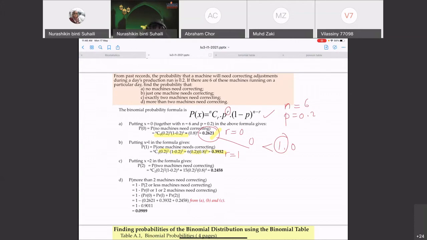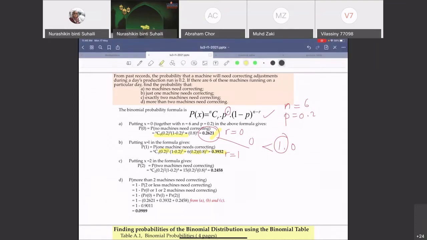What is nCr, nC1? nC1 means n factorial over R factorial, 1 factorial, times n minus R, which is 6 minus 1, 5 factorial.